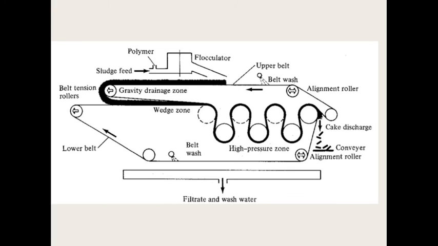So that sludge we can use in agriculture as a fertilizer. Also we can use that sludge in compost, and in landscaping. Also we can use it as a phosphorus source and a nitrogen source, or as an additional fertilizer in agriculture.